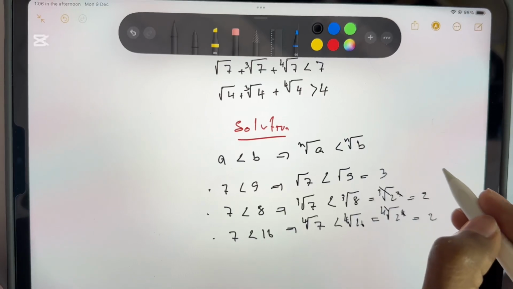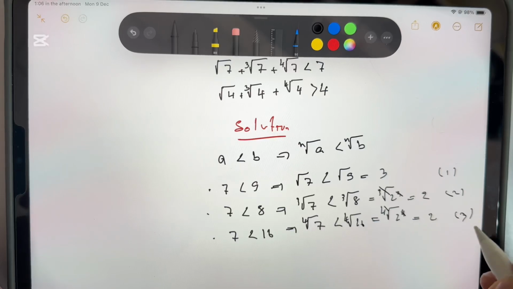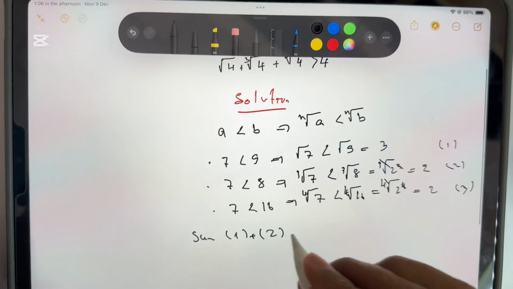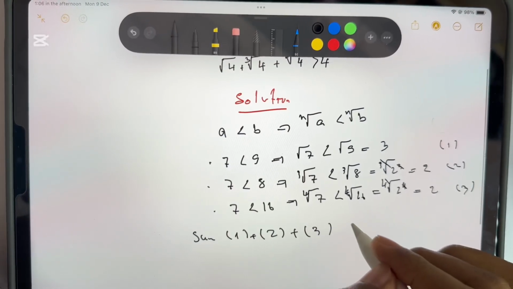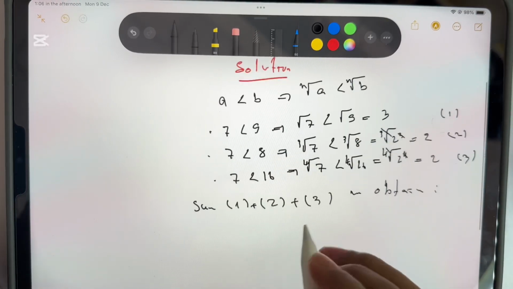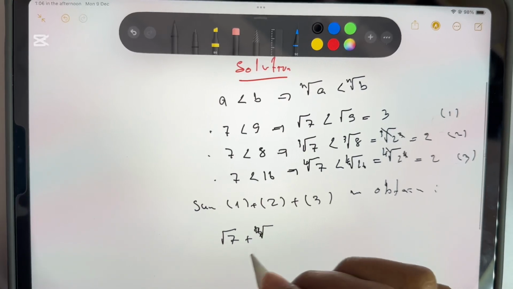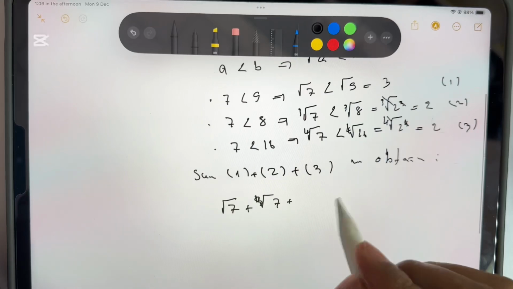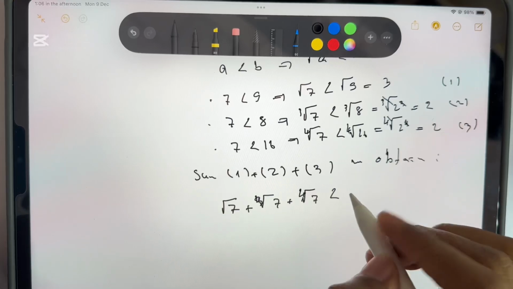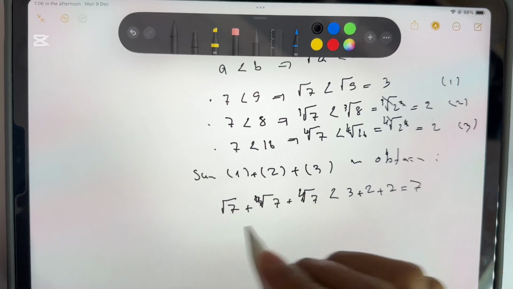So we have inequalities 1, 2 and 3, and we sum them. The square root of 7 plus the cube root of 7 plus the fourth root of 7 is smaller than 3 plus 2 plus 2, which equals 7.